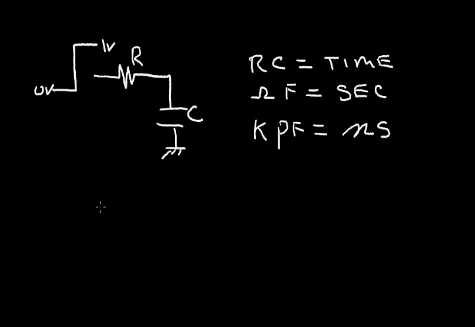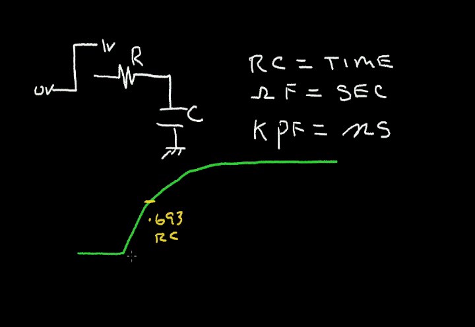So to summarize, we know that the output response will do something like this. It'll charge and approach a final value. And we know that the halfway point takes 0.693 time constants. If we plot time constants on this axis, say this is RC to this point, we'll take another RC time constant to this point.